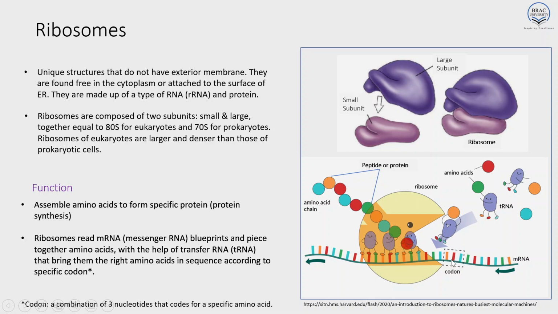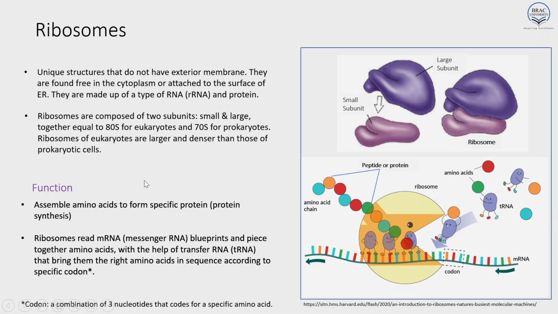So every three nucleotides code for one specific amino acid. Nucleotides are basically adenine, guanine, cytosine, thymine. So based on the combination of those nucleotides, that specific combination encodes for a specific amino acid. And tRNA takes those specific amino acids and joins them in the translation process.